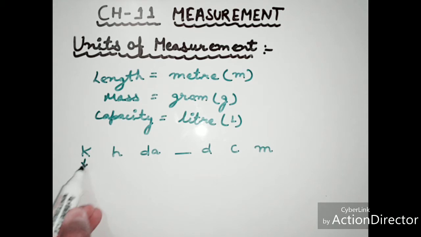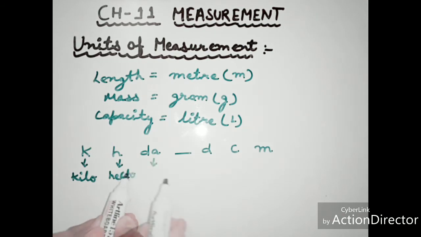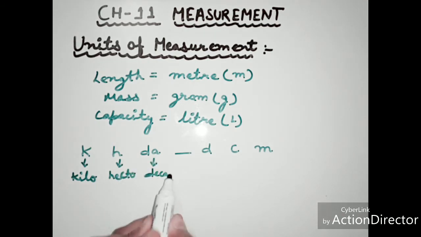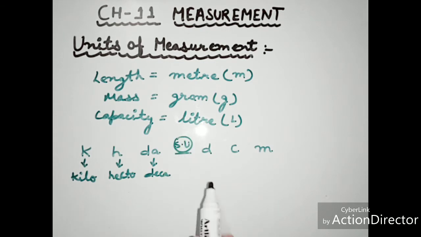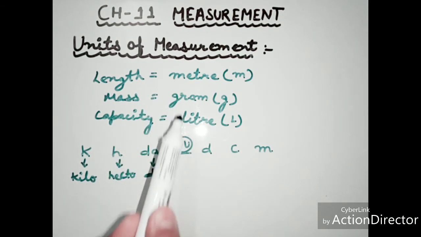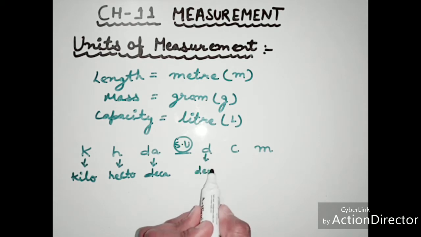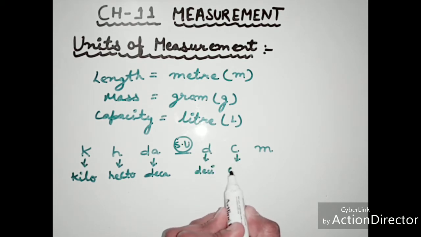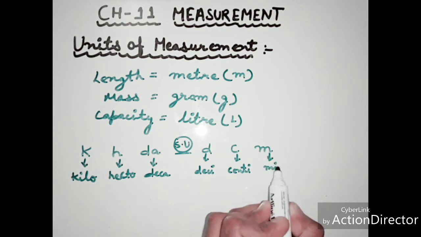Now K means kilo, H means hecto, DA means deca, and here we write the standard unit like meter, gram or liter, and D means deci, C means centi, and M means milli.